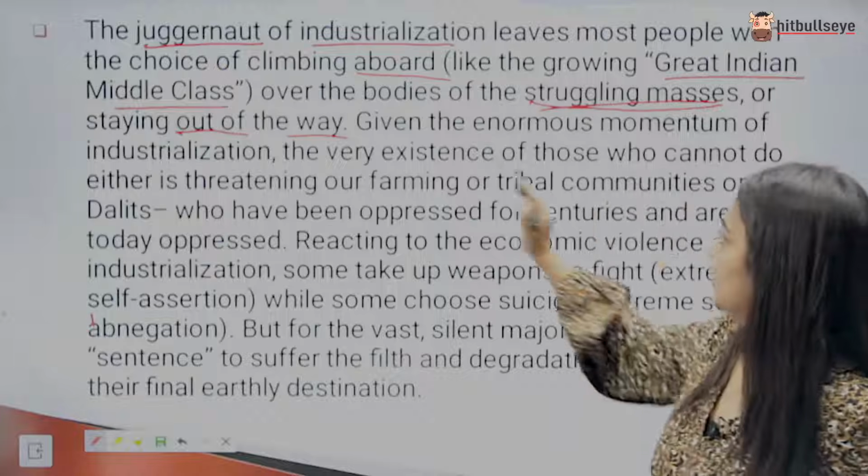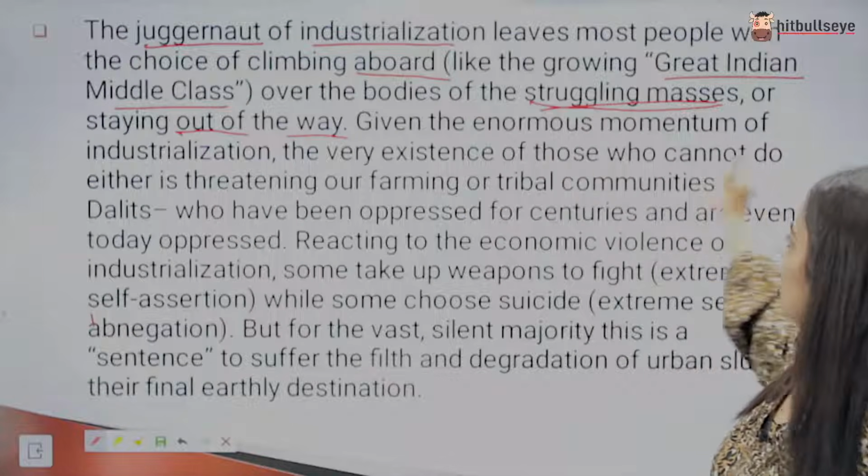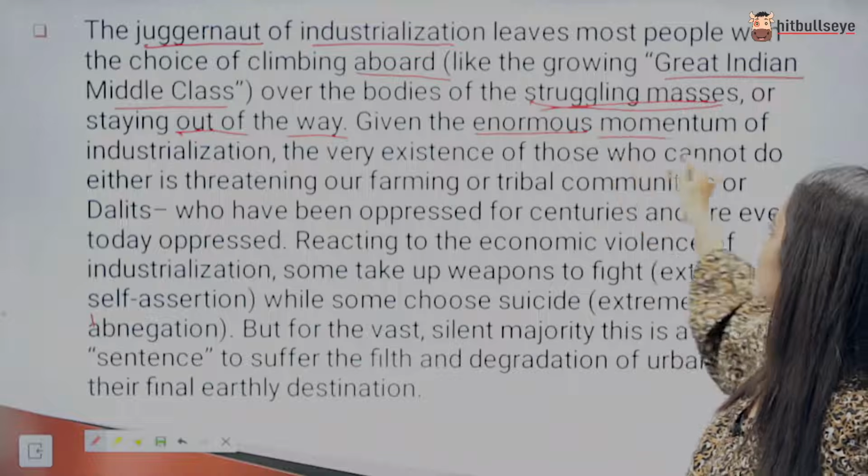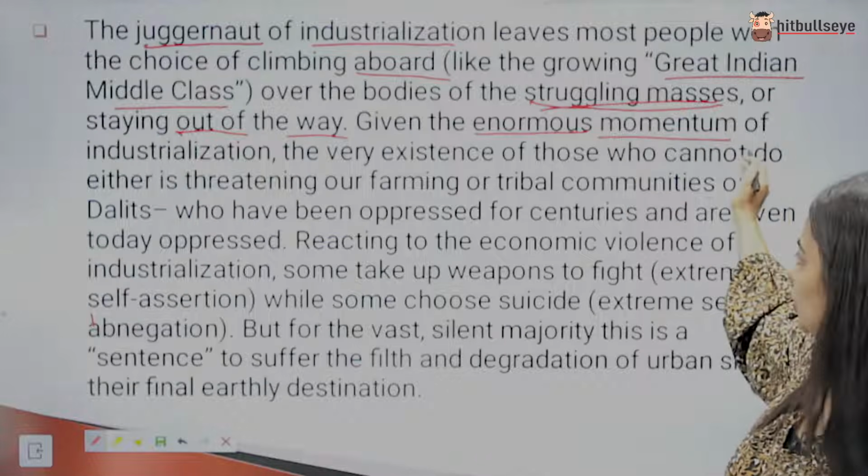Moving on to the next line. Given the enormous momentum of, enormous is huge, momentum is motion, quantity of motion.